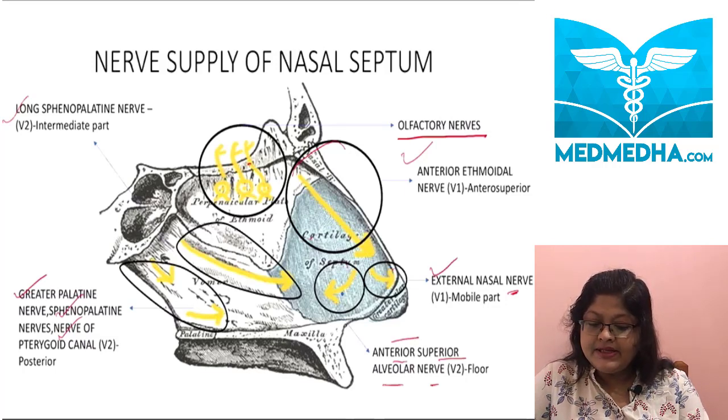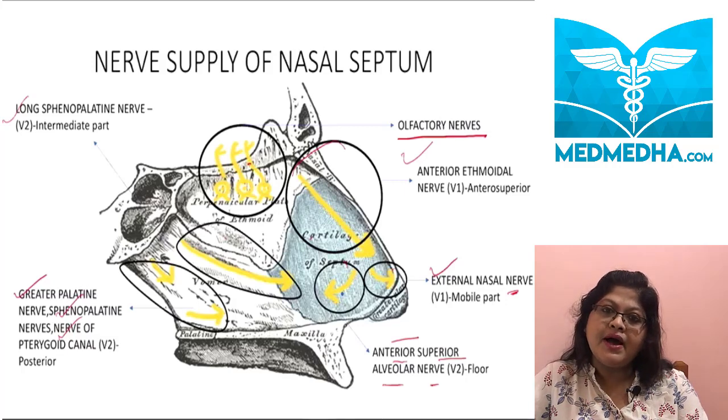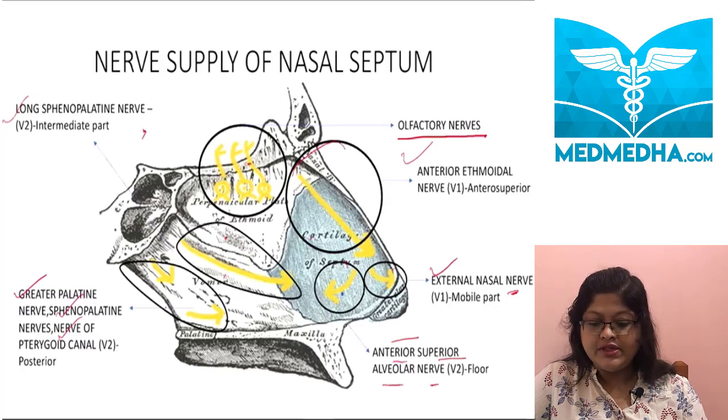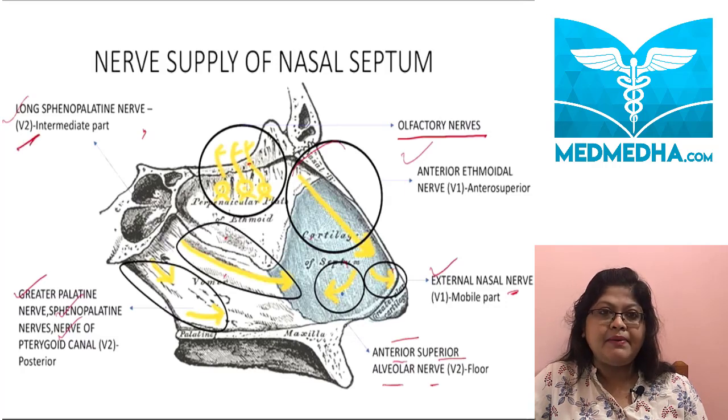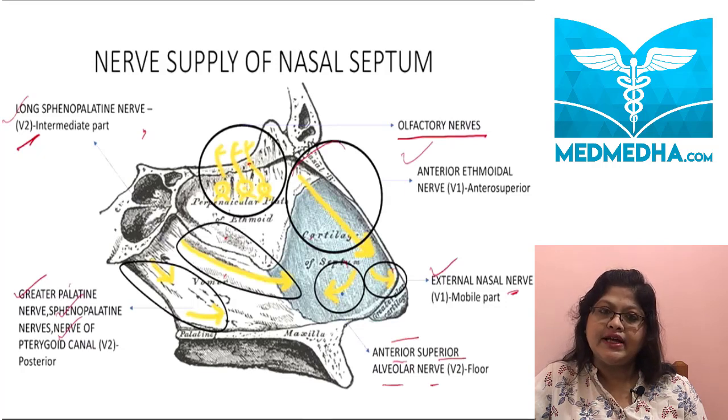Again, the intermediate part by the long sphenopalatine nerve, which is the maxillary part, and the posterior part by the greater palatine, sphenopalatine and nerve of the pterygoid canal, which is a part of the maxillary division.